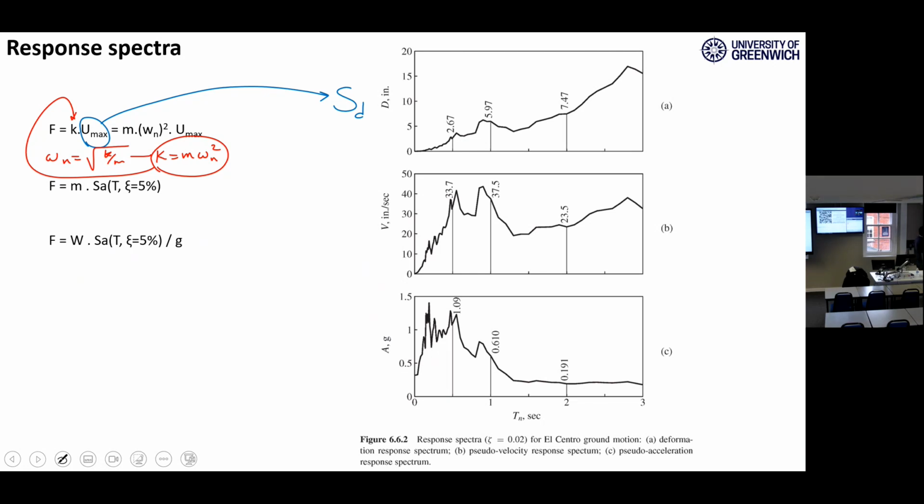I substitute this one instead of K here, so this is K. And Umax is the same, okay? I can say this is M multiplied by omega n squared Umax. And I call this one SA, or spectral acceleration.